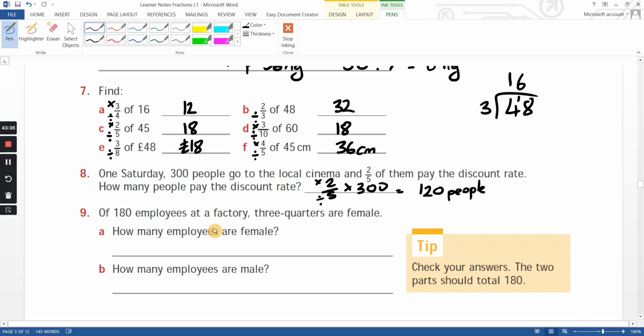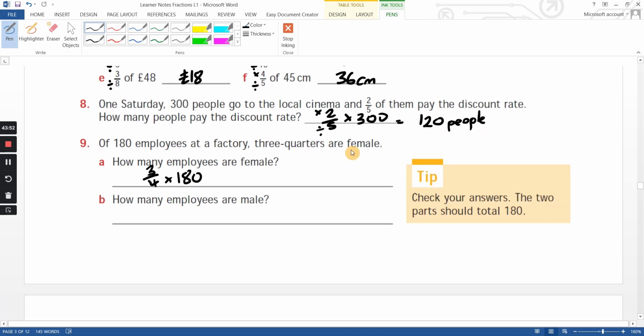Number 9, of 180 employees at a factory, 3/4 are female. How many employees are female? So 3/4 of 180. Let me do that on the side. I'll do the division first. So 180 divided by 4.